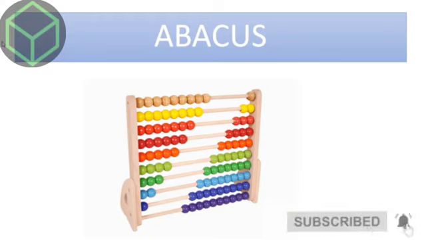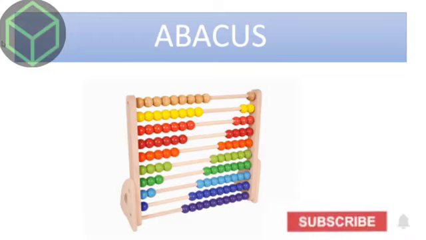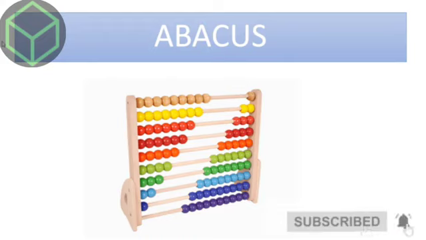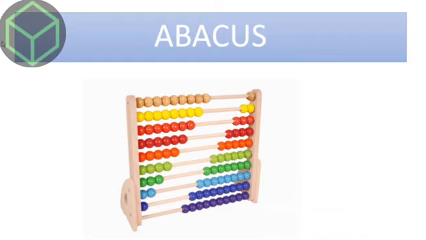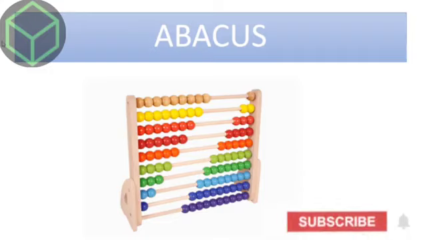The abacus is a square-shaped instrument made of wood which consists of 10 different wires or strings placed in parallel. Each of these strings has 10 balls that have mobility. It is an instrument that helps people to perform simple calculations.